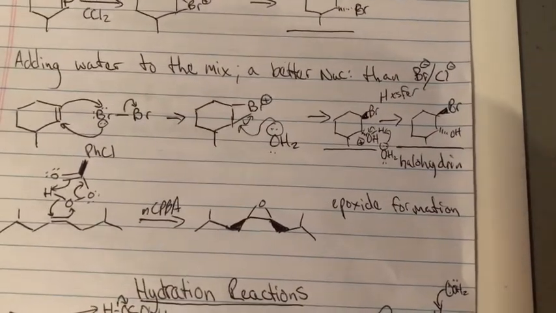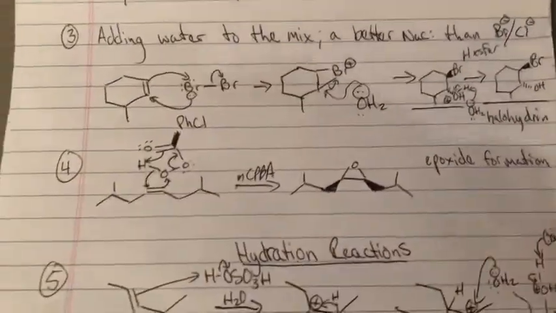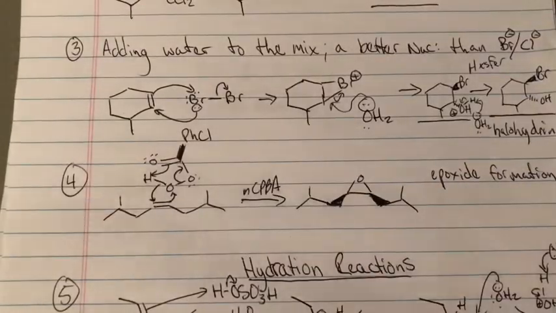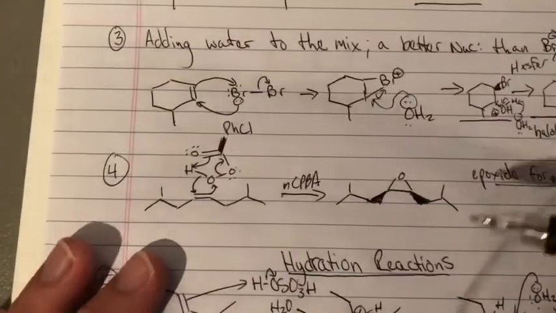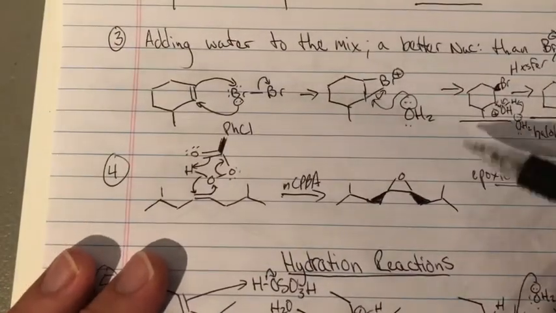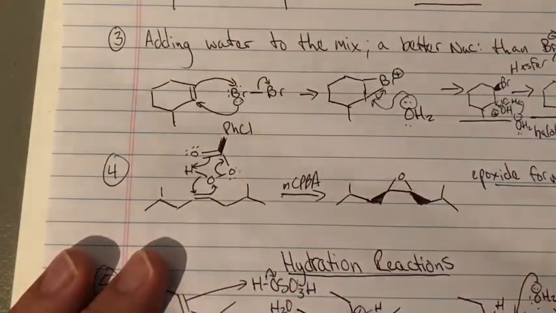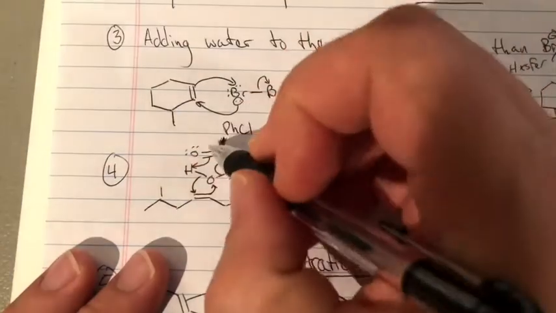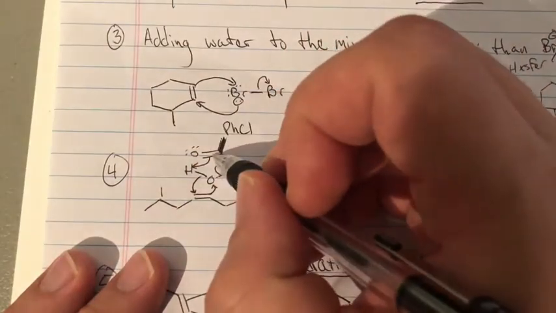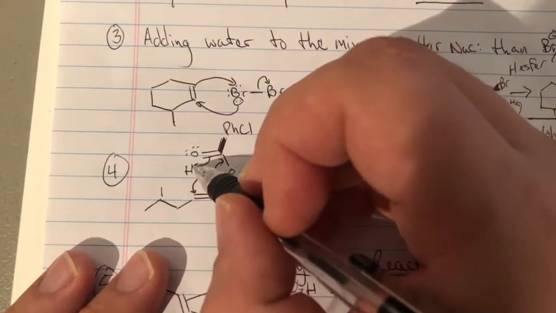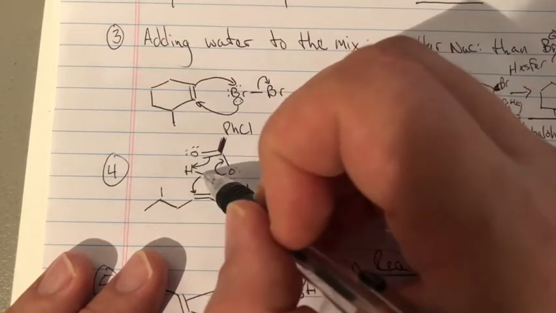All right, now the mCPBA or epoxide formation is simply a matter of a lot of electrons getting pushed around. So you see 4 in total in concert moving about. So this pi bond is going to flip over and pluck off this hydrogen.